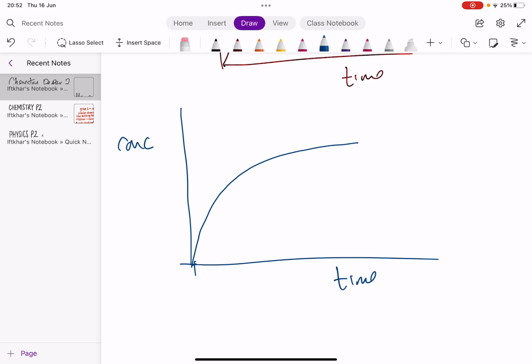So I'm going to put some numbers on here. Now this is time in seconds: 30, 60, 90, 120. This is concentration. Okay, roughly. So what's the rate at 30 seconds? Place a dot on 30.